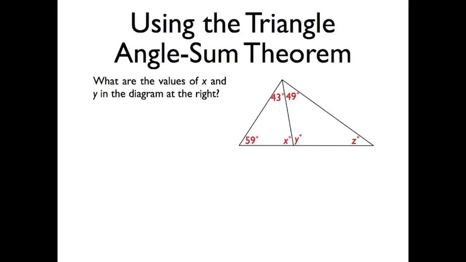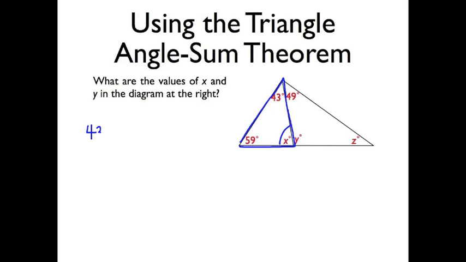With that introduction, I just want to do some quick examples here. What are the values of x and y in the diagram at the right? Let's start by using the triangle sum theorem. If you notice, there is a triangle right here, and angle x happens to be part of that triangle. There are two other angles in the triangle, this 43-degree angle and this 59-degree angle. And these three angles added together have to be 180 degrees.